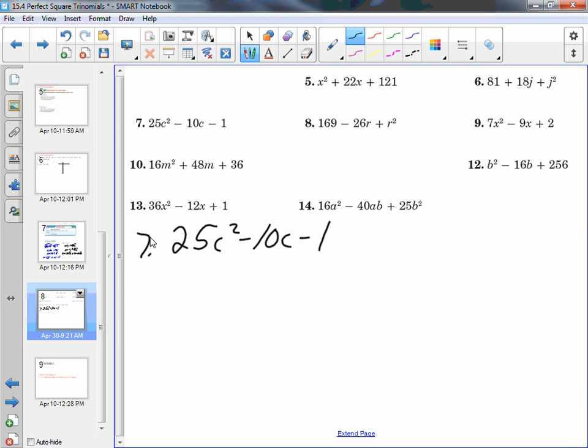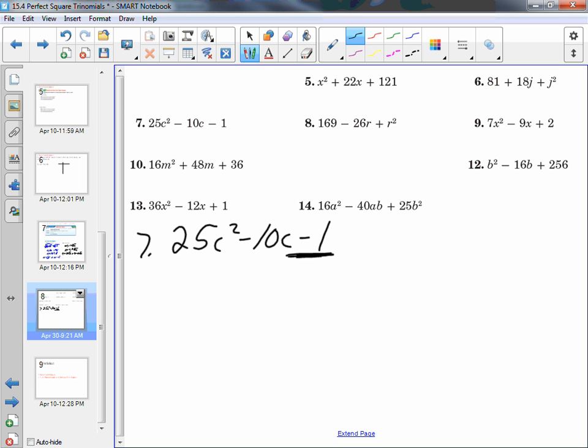Nope. If it was a positive 1, yeah, it's 1 squared. But it's a negative 1. You can't multiply a number times itself and get a negative result, can you? Because if the number is positive, positive times positive is positive. If the number is negative, negative times negative is positive. So when your last term is negative, it's not a perfect square trinomial. Okay? You with me on that?